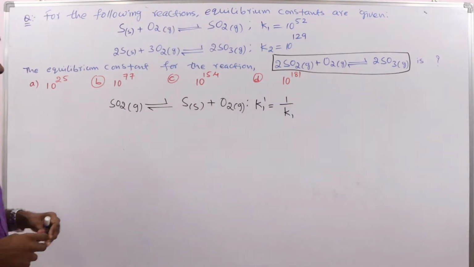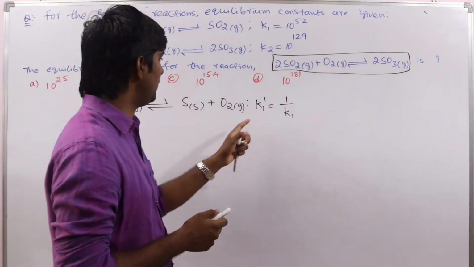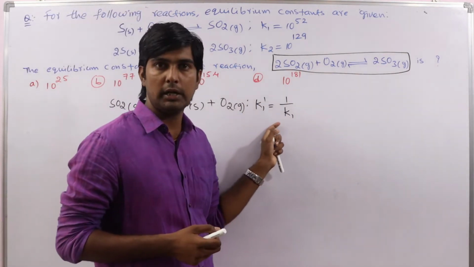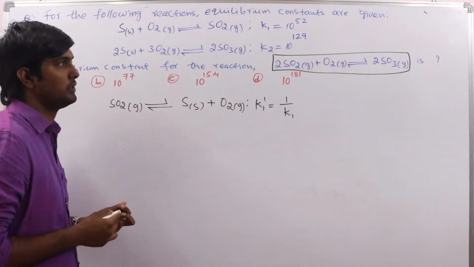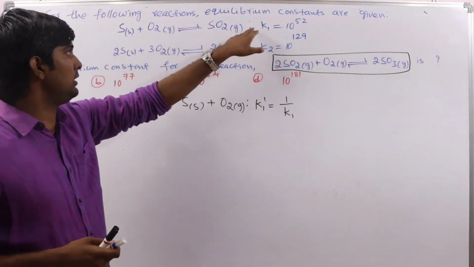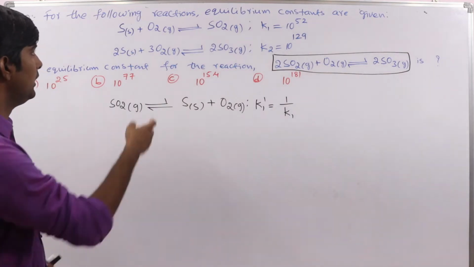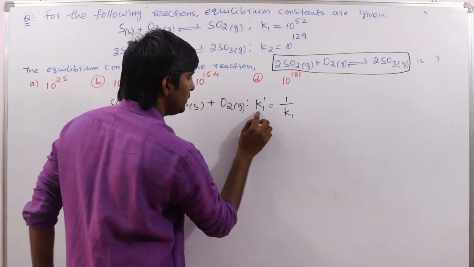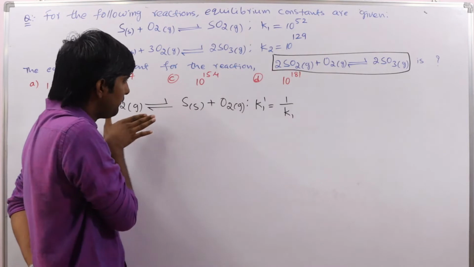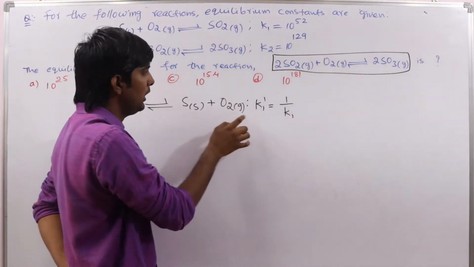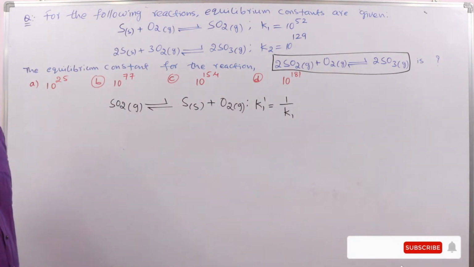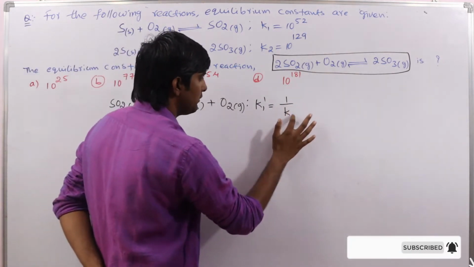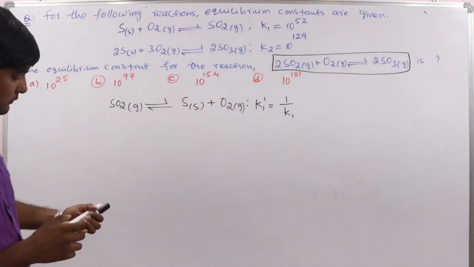When a reaction is reversed, the equilibrium constant of the reverse reaction will be the reciprocal of the previous one. For this reaction the equilibrium constant is K1. When you reverse it, the new equilibrium constant, K1 dash, equals 1 by K1.